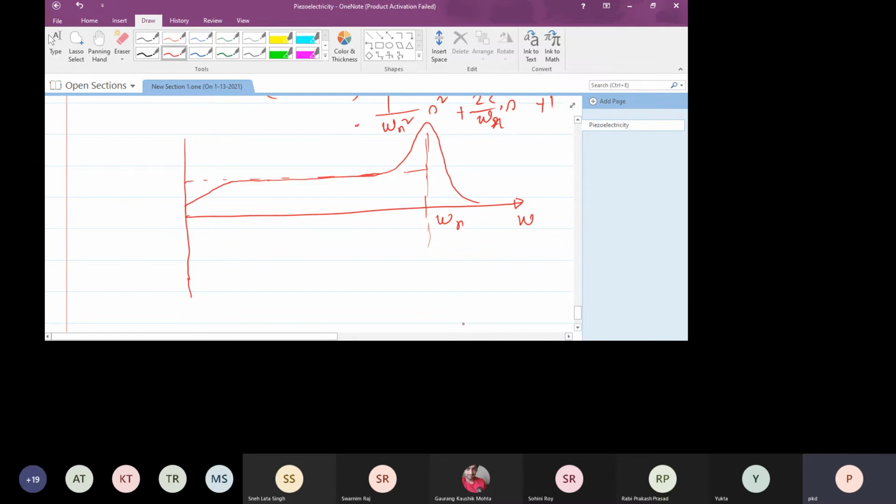Because of these two reasons, this dropping is there. So this is in log scale, thousand, etc.